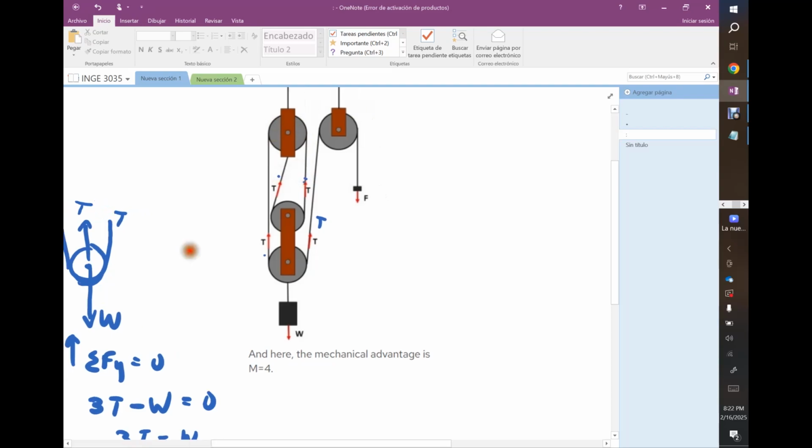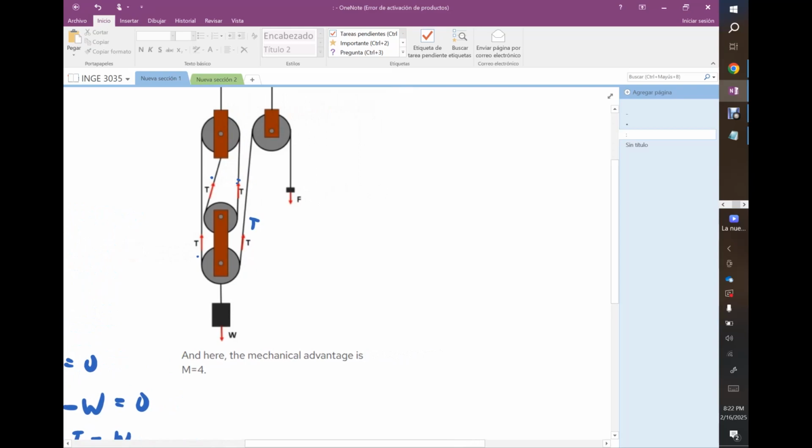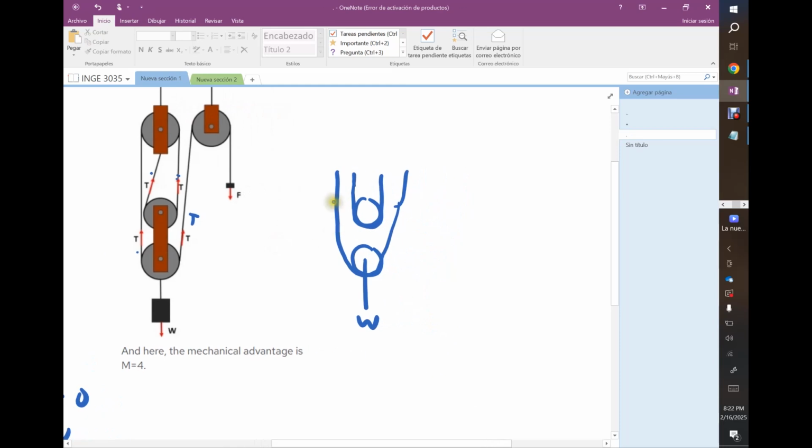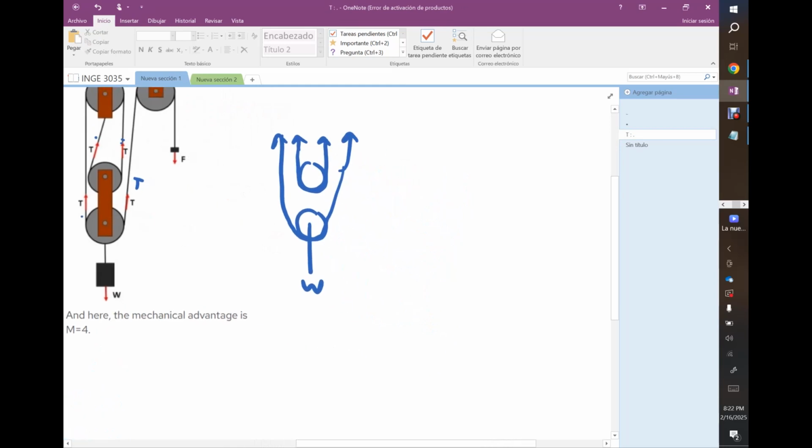So again, if you do a free body diagram, you have two pulleys like I'm showing here, and a rope going like this, but internally there's another rope going like this, and all those tensions are going in this direction, and this is connected here just to be sure that they are connected.